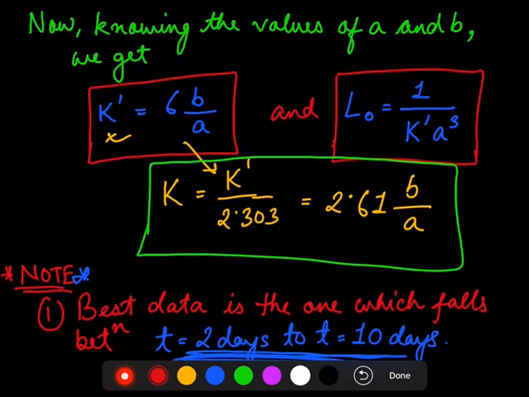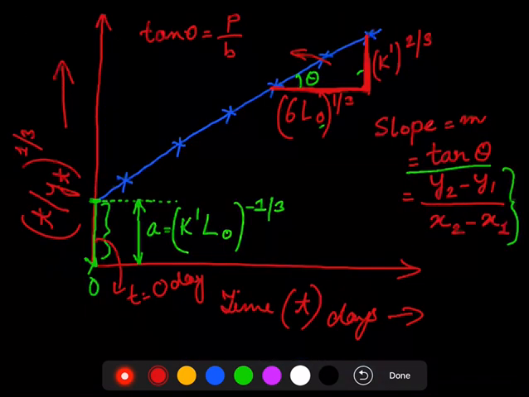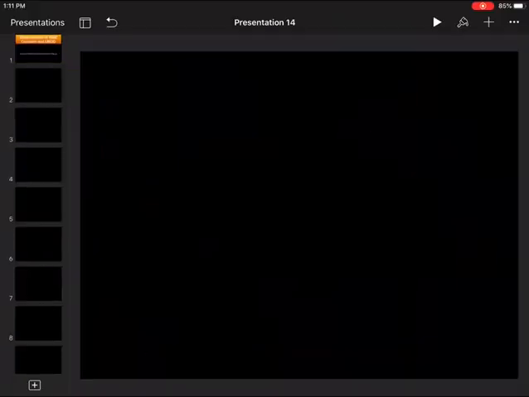Okay, so we know the values. Now with those values, we can easily get the values of k dash, l naught and k. We know the values of a and b. a is the intercept and b is your slope, so you know the values of slope and intercept, and you substitute everything.